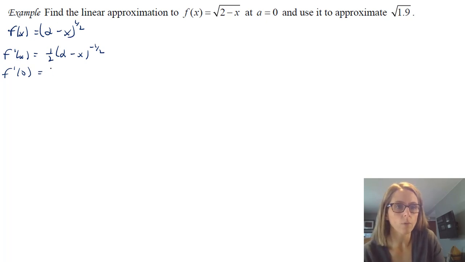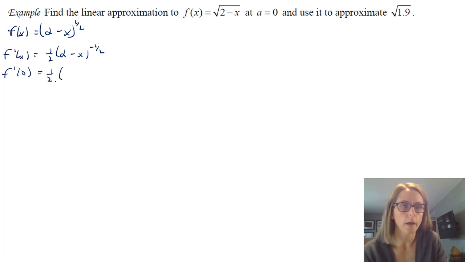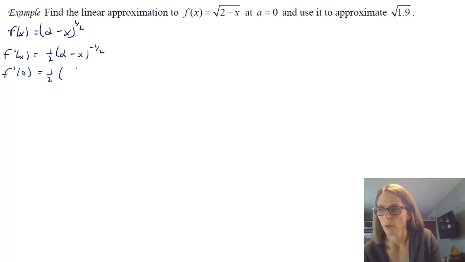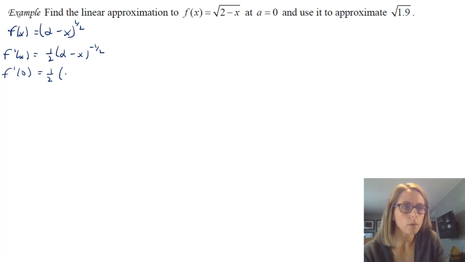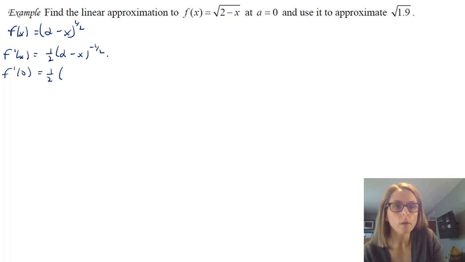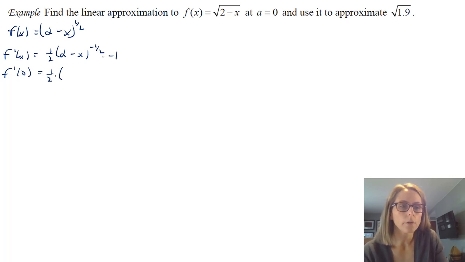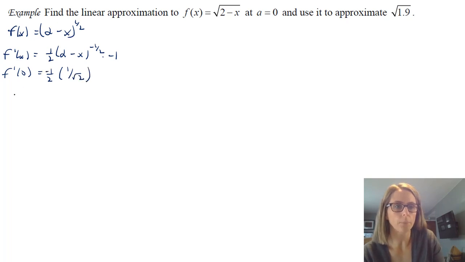It looks like I'm going to have 1/2 times the square root of 2. Oh, and I should have a -1 here. So good, that's a chain rule situation there. And so I'm going to have 1 over root 2, and I'll put my negative right there.